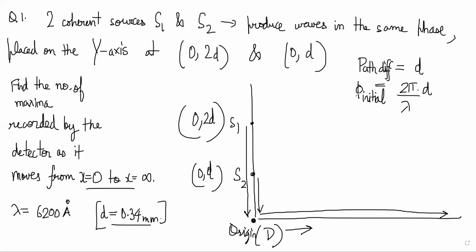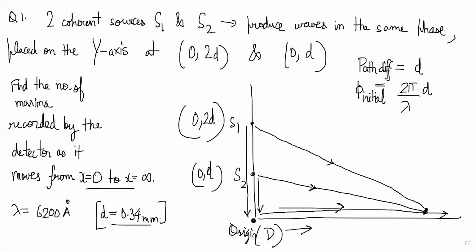As you move this way, your paths start changing. The path difference you have to measure, this and this. You can technically find out the length of this and the length of this at an arbitrary x, and the difference between them.